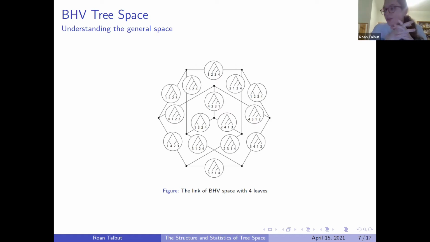That's a good question. I think the dimension increases at the same rate, so it's just linear. I think the complexity of the resulting link or simplicial complex, the size of it, grows much larger.